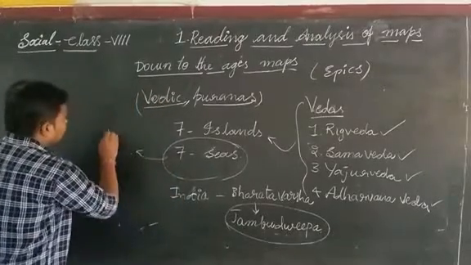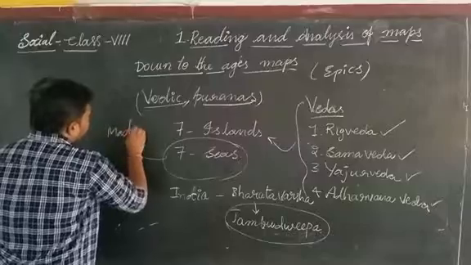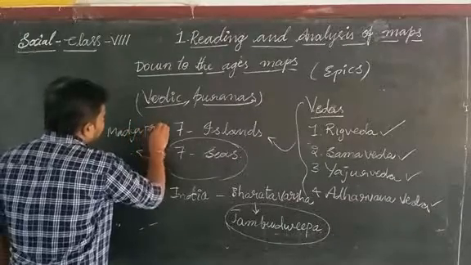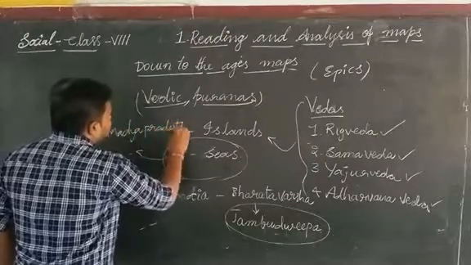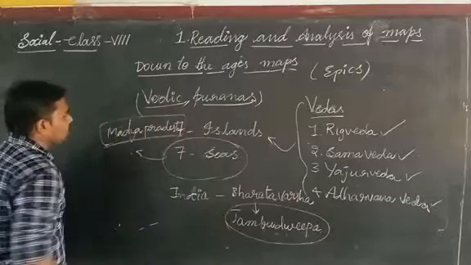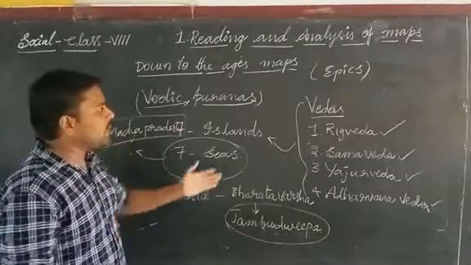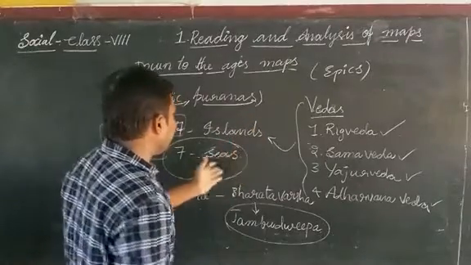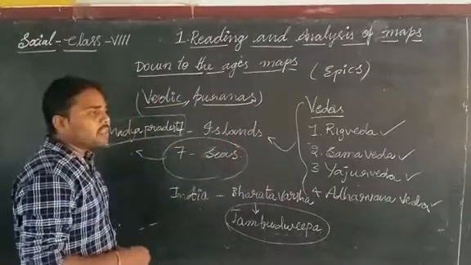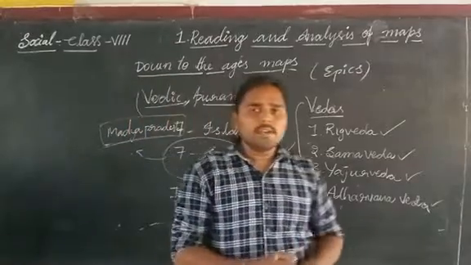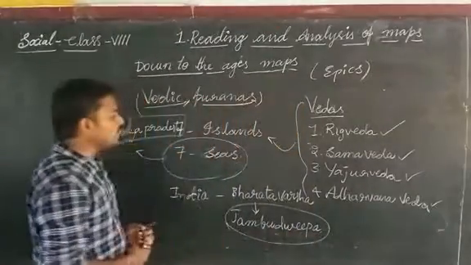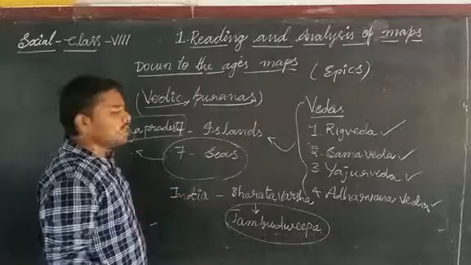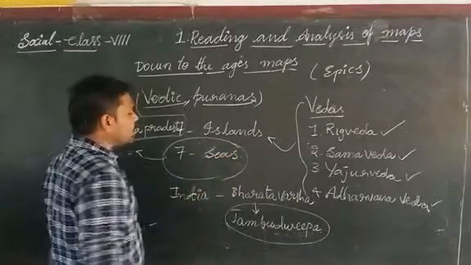From the Madhya Pradesh region, archaeologists excavated these Vedas, and according to the Vedas, our earth is divided into 7 islands and 7 seas. These 7 islands are surrounded by these 7 seas.